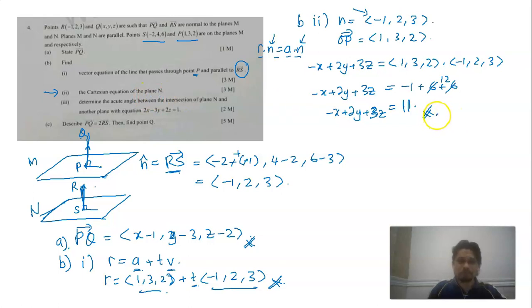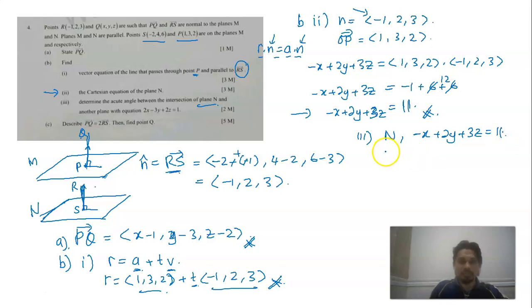There you go. Okay, so determine the acute angle between the intersection of plane N, this equation of plane N, and another plane with equation 2x minus 3y plus 2z equal to 1. So for question 3, we got plane N, which is negative x plus 2y plus 3z equal to 11.